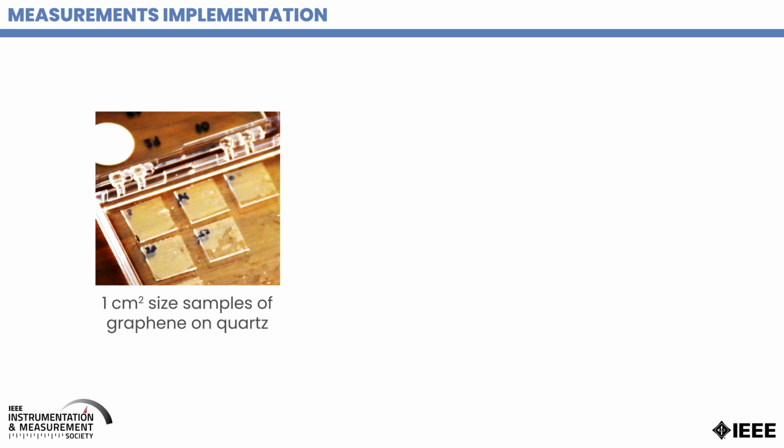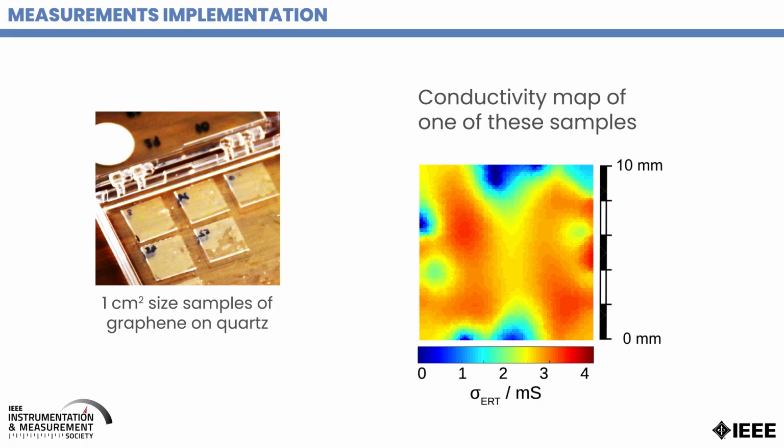So in practice, consider having a graphene sample or a thin metallic film sample of which you want to check the uniformity of the conductivity. You can place this sample in a suitable sample holder fixture provided with electrical contacts, and at the end of this process you get a conductivity map representing the distribution of conductivity over the sample area.